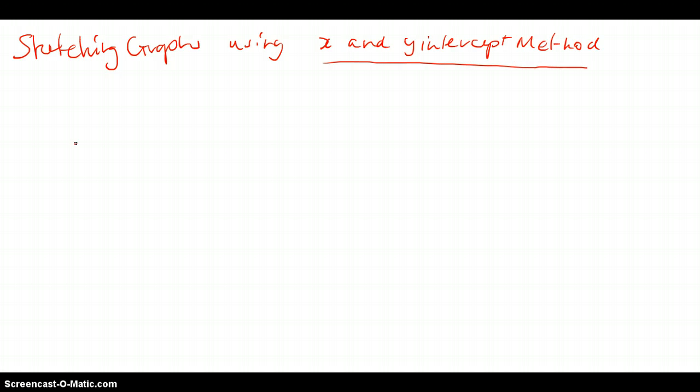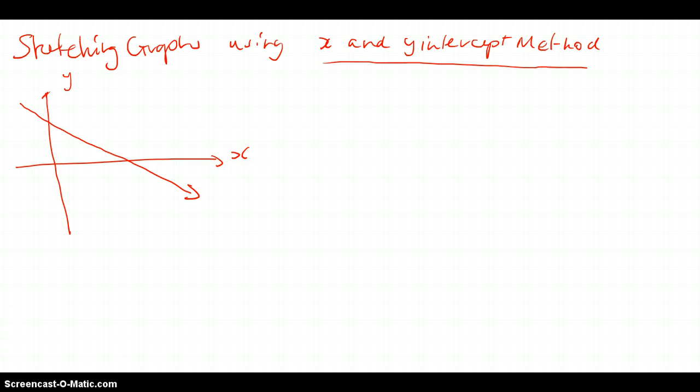So to sketch a graph using X and Y intercept method, let's first define what is an X and Y intercept. If you were to look at a graph that looks like this, this is the y-axis and this is the x-axis, and let's just say you have a line that happens to go through this point.